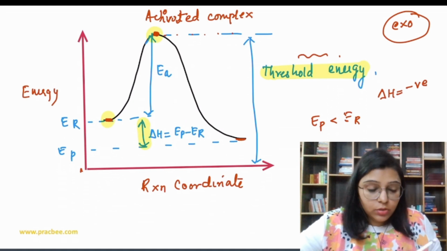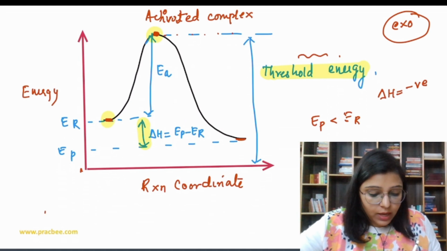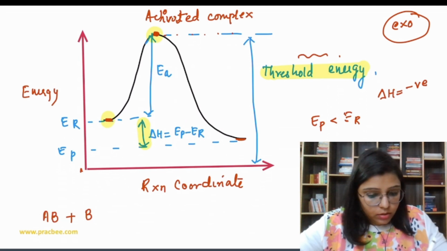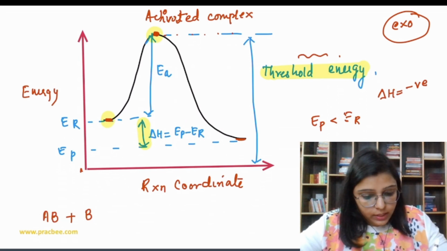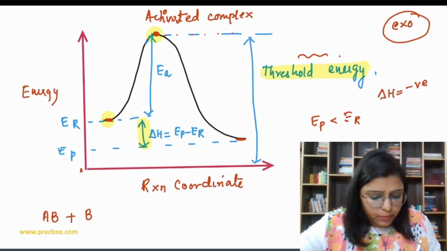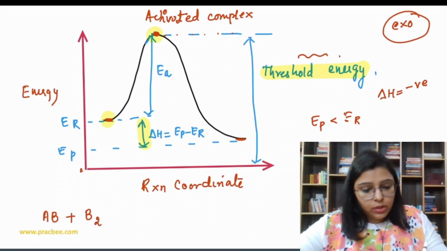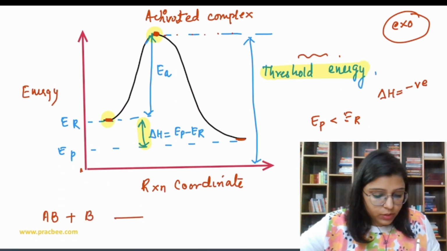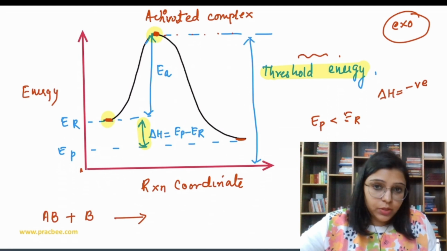When we talk about the reactants, suppose we have AB and B, or we can say AB plus B. First, what will happen if I want to form this product?